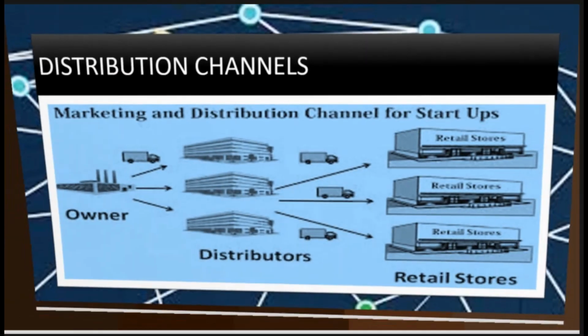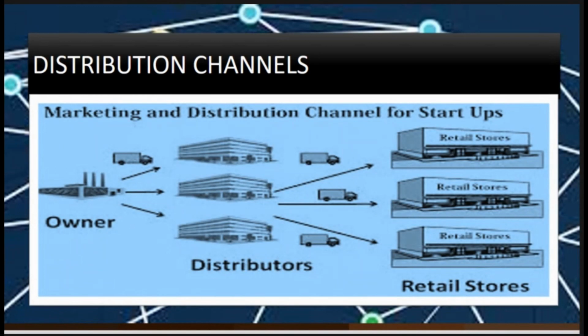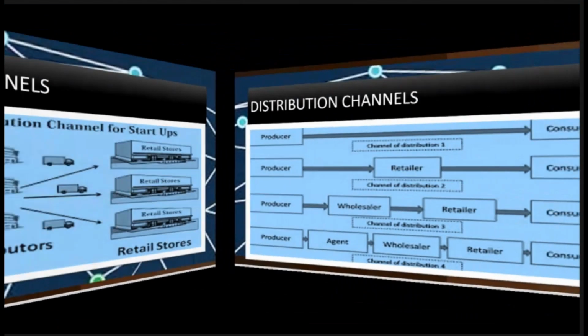Have a look on these images of distribution channels. One of the most important functions of marketing mix is to make sure the products get to the right place at the right time. You can see that the products are moving from the manufacturing unit, that's from the owner, to the different distributors, and from different distributors it is reaching the retail stores. Yet there is another picture to show on the distribution channel.